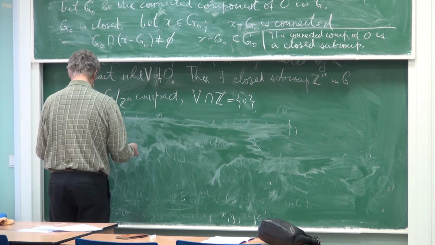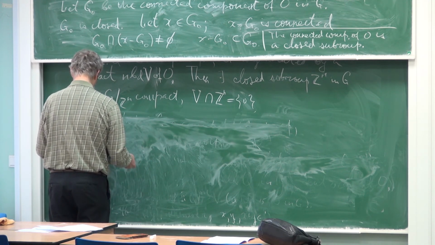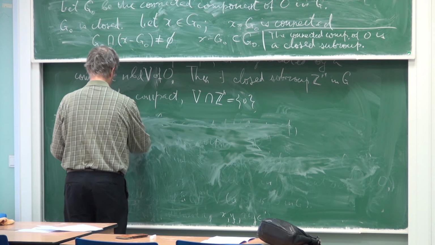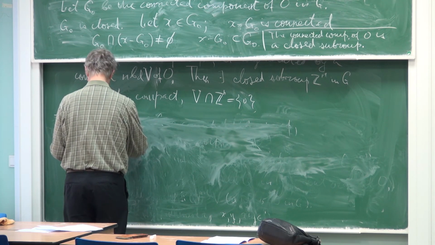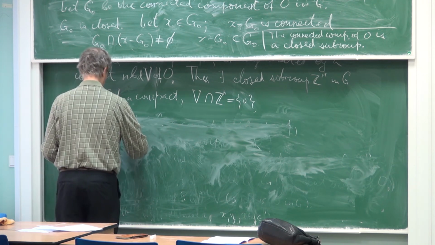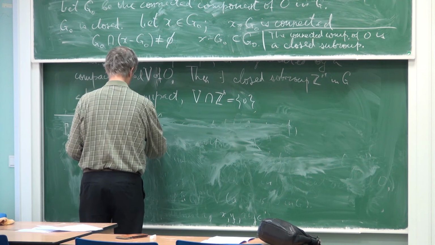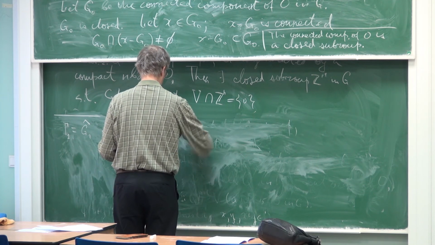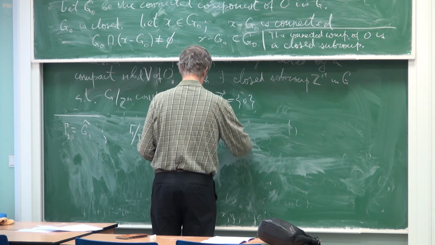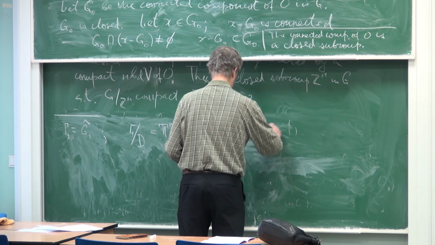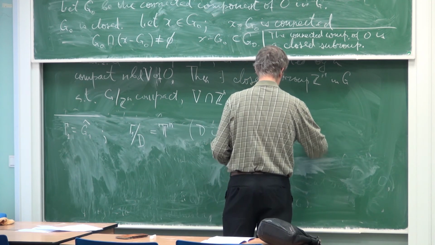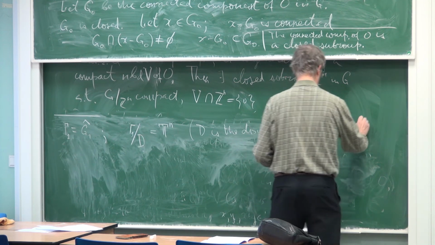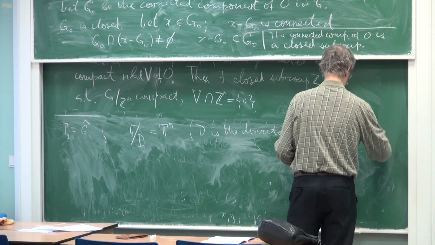Then by some duality statement, if we consider the quotient of this, so let it be gamma 1 over some discrete group, we shall obtain the torus T to the power n, where D is the discrete group dual to G1 over Z to the power n.